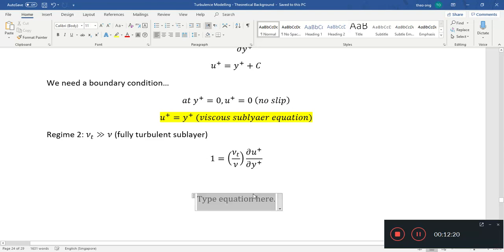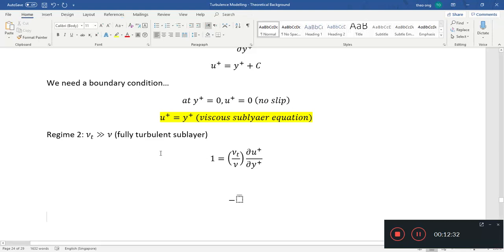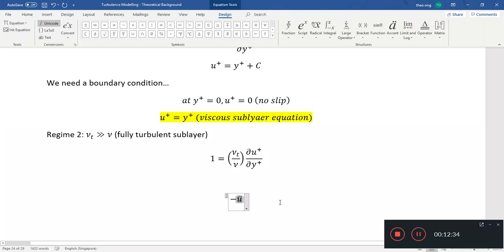If we remember, we have this term, minus the average after we do some averaging. Remember, this was our closure problem in the first place. So u prime v prime equals nu t times partial u bar partial y.